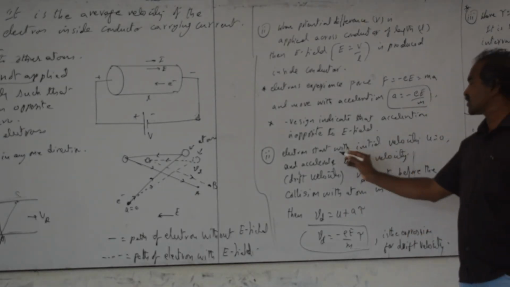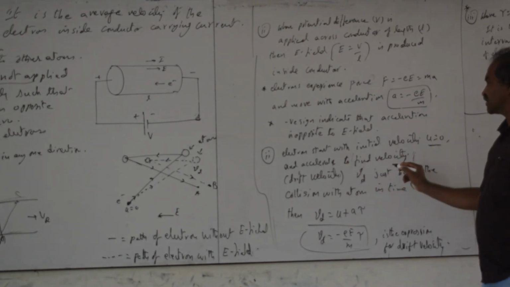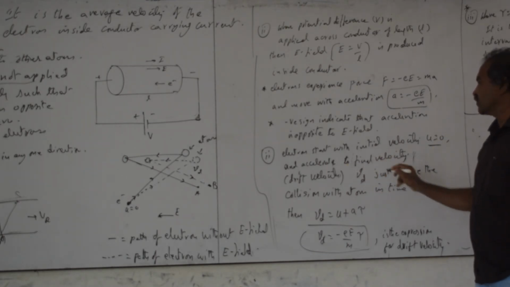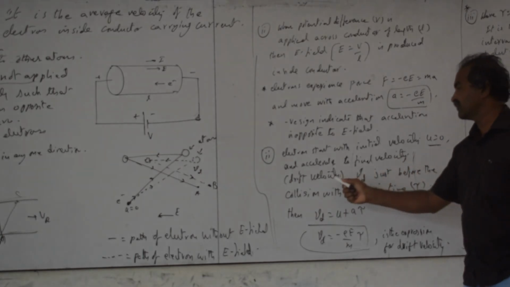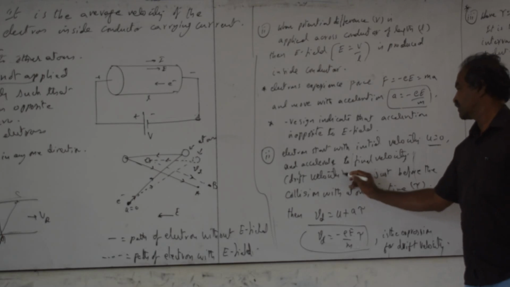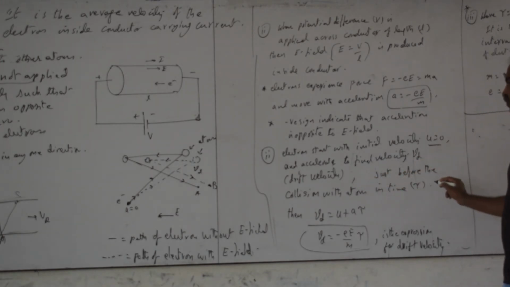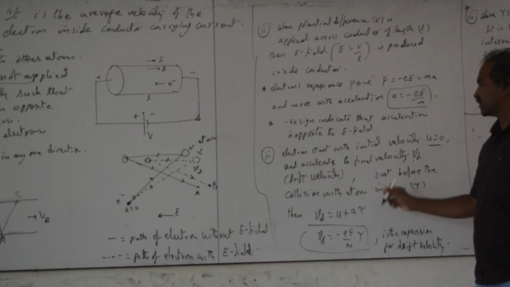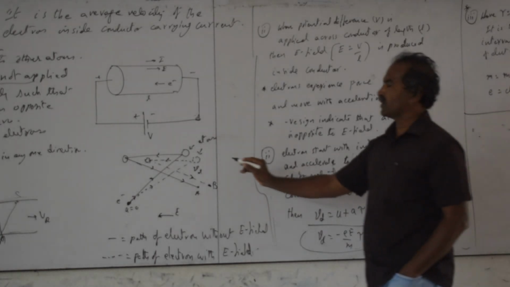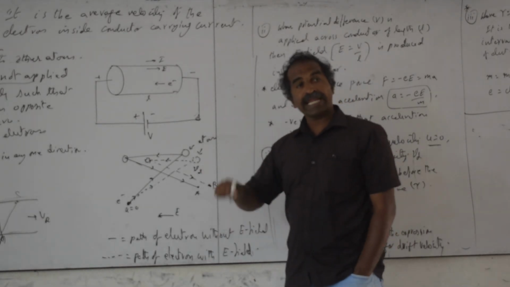Next, the electron starts with initial velocity u equal to 0 and accelerates to the final velocity, which is called the drift velocity v, just before the collision with an atom. After collision, the velocity becomes 0 and it again starts a fresh jump.